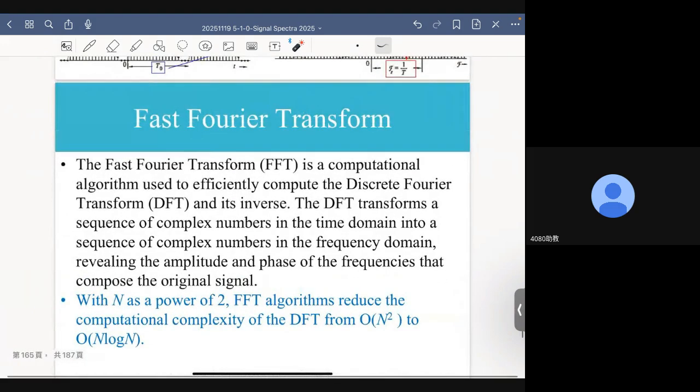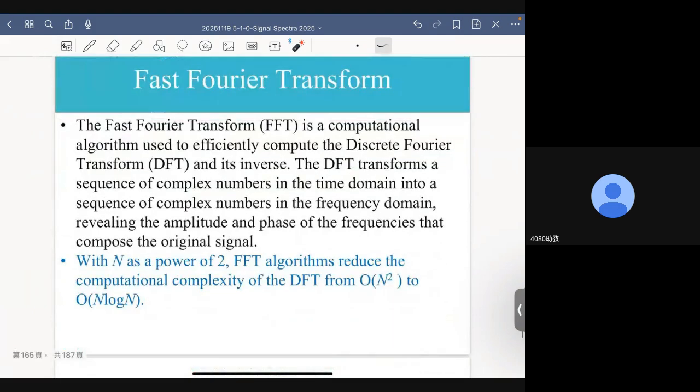Another thing we need to know in the real world is that in using DFT, we prefer the number of sampling points to be a power of 2, because if we don't, the computational time is proportional to the square of the number of data points.